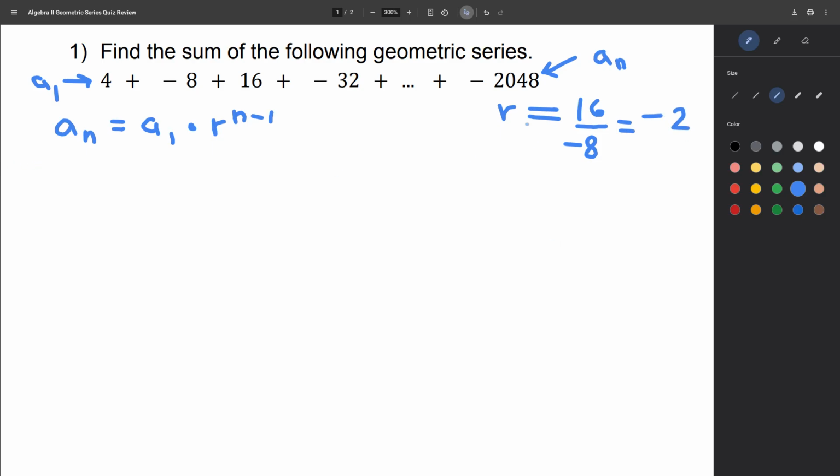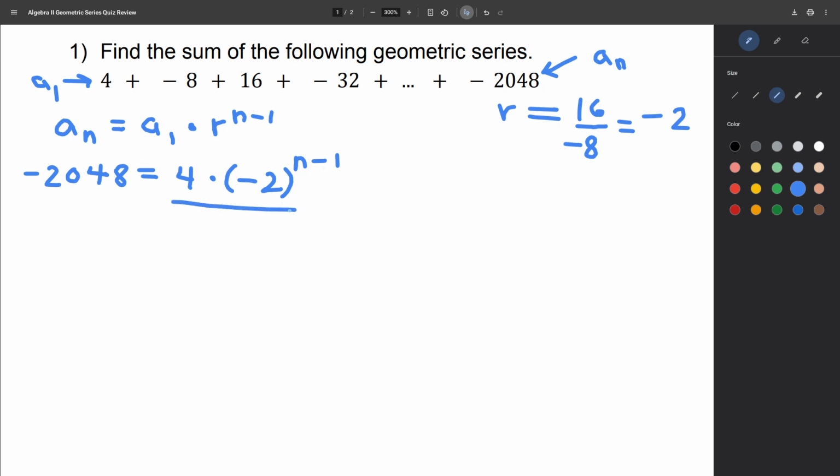So we'll fill these out. We're going to say -2048 equals 4 times -2 to the n minus 1 power. We're then going to solve for n.